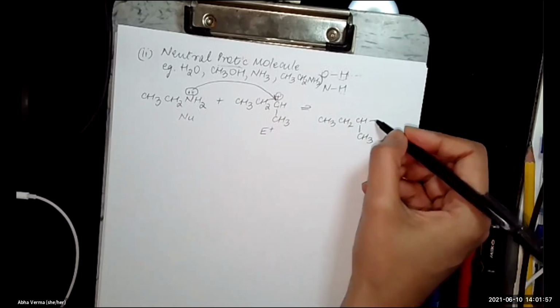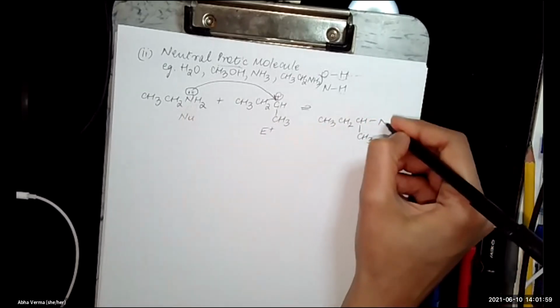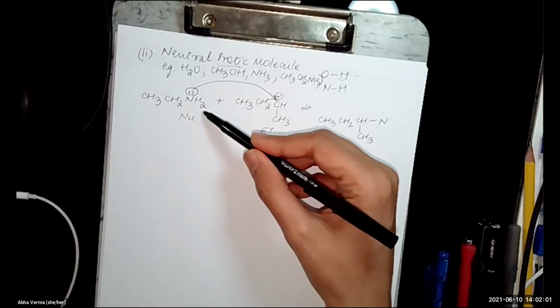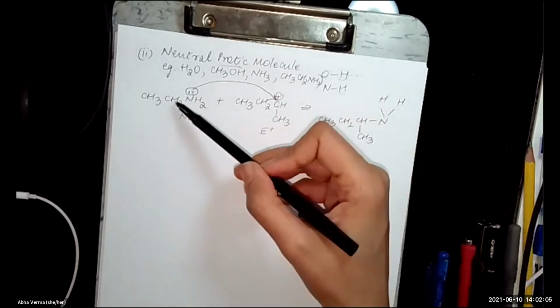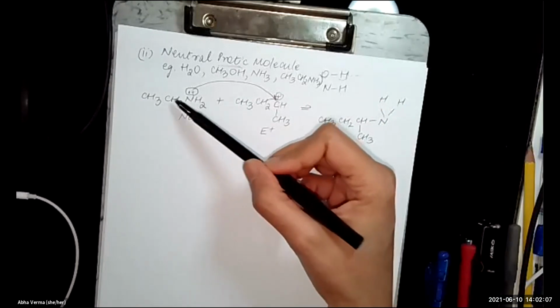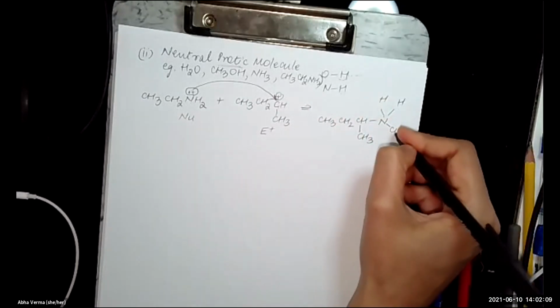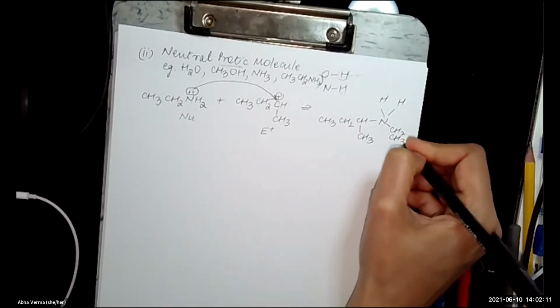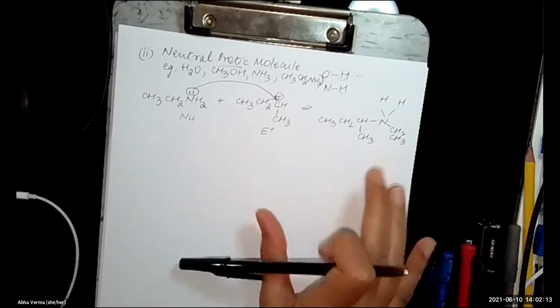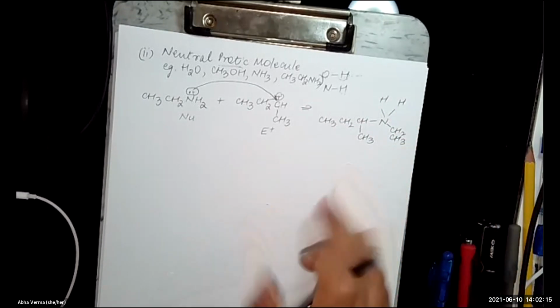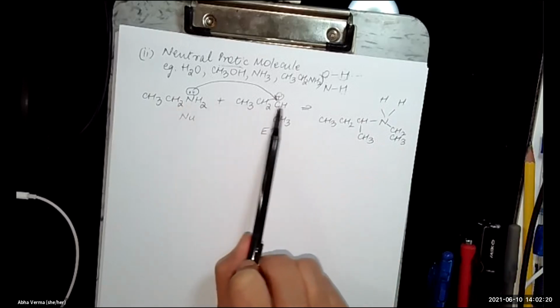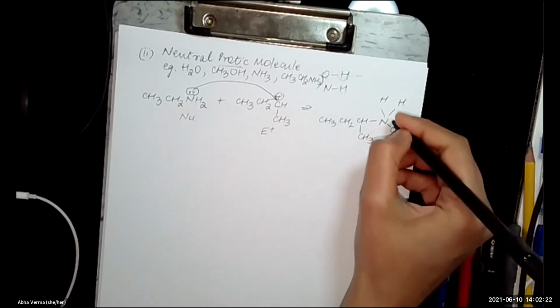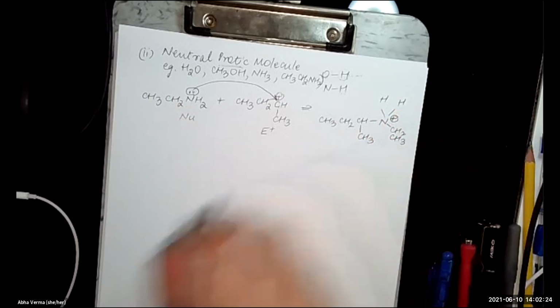The next is this nitrogen, with how many hydrogens? 2 hydrogens. And what else is attached to this nitrogen? The CH2, CH3. Is this molecule neutral? Remember, overall, this step will generate a positively charged element.